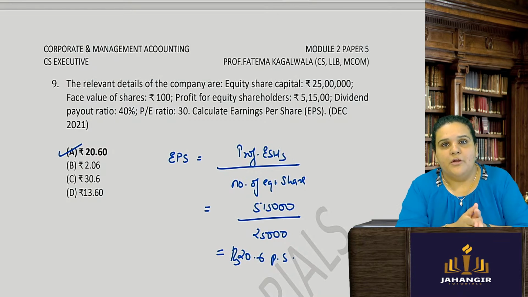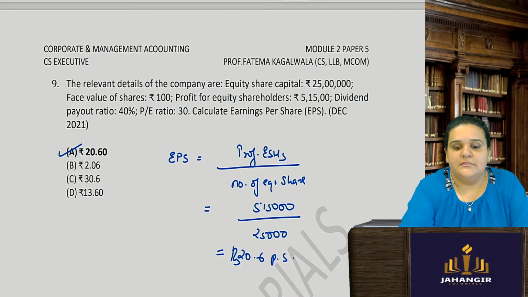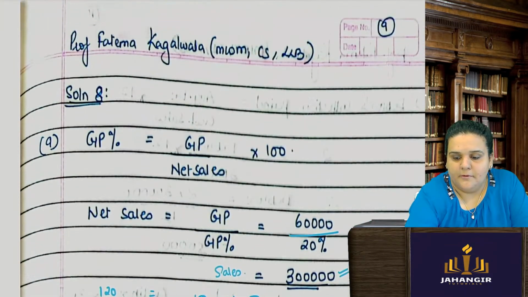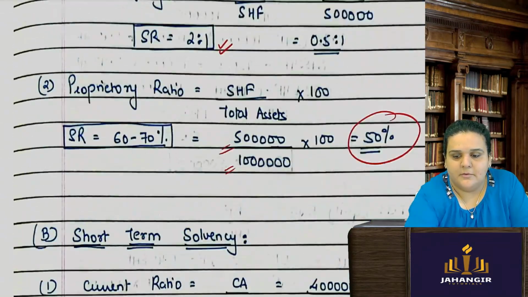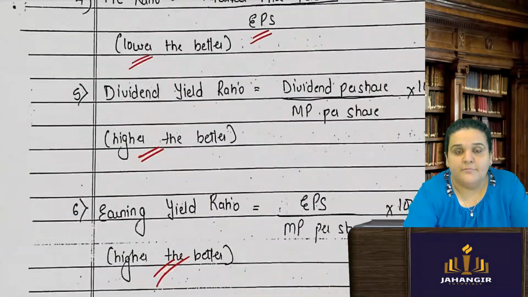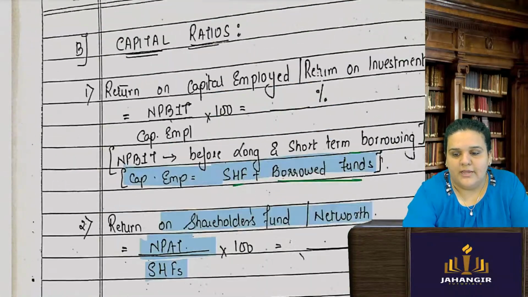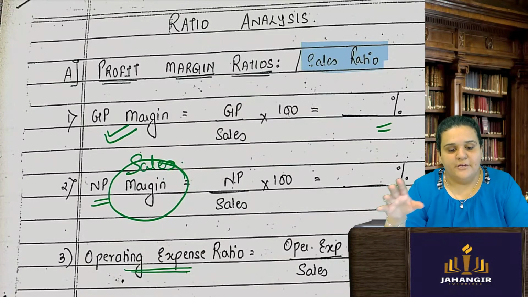Okay, so if you want to finish your ratios revision quickly, what you can do is use what I have already done with all the formulas. When we started the lecture, I had started with all the formulas: net profit margin ratio, gross profit margin ratio. So I will suggest you all to go as per what I have revised today and finish this chapter.